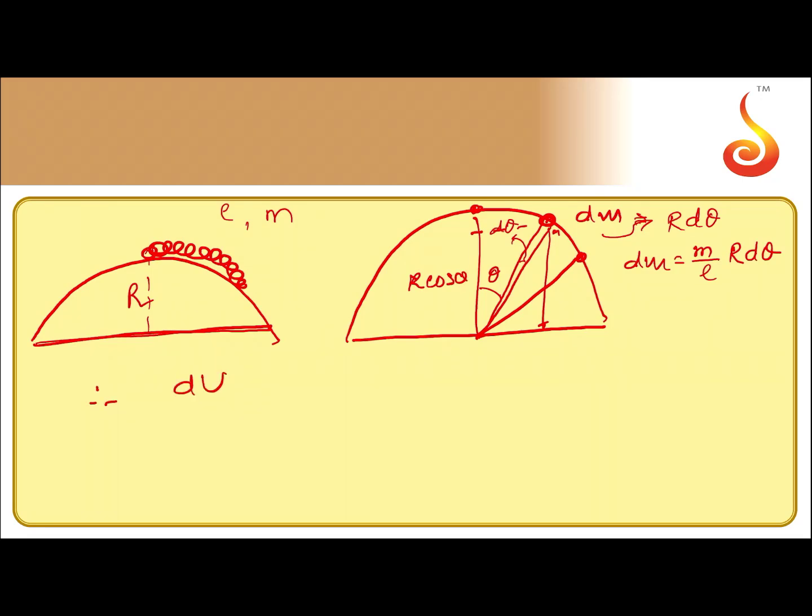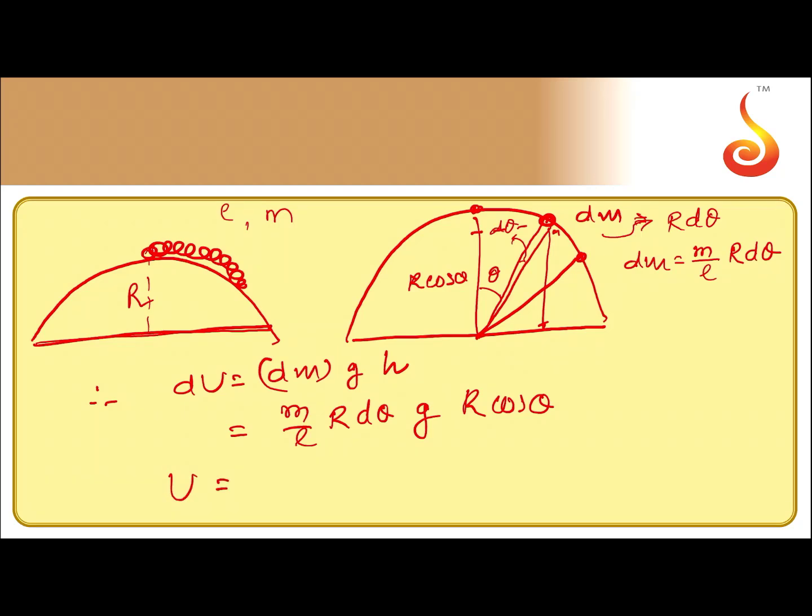Therefore, the gravitational potential energy of this part is dm into g into h. That's nothing but M by L into r into d theta into g into r cos theta. That's the gravitational potential energy of this part. And the total potential energy is the integral of this. A few terms come outside: M g r square divided by L into integral cos theta d theta from 0 to the corresponding angle.